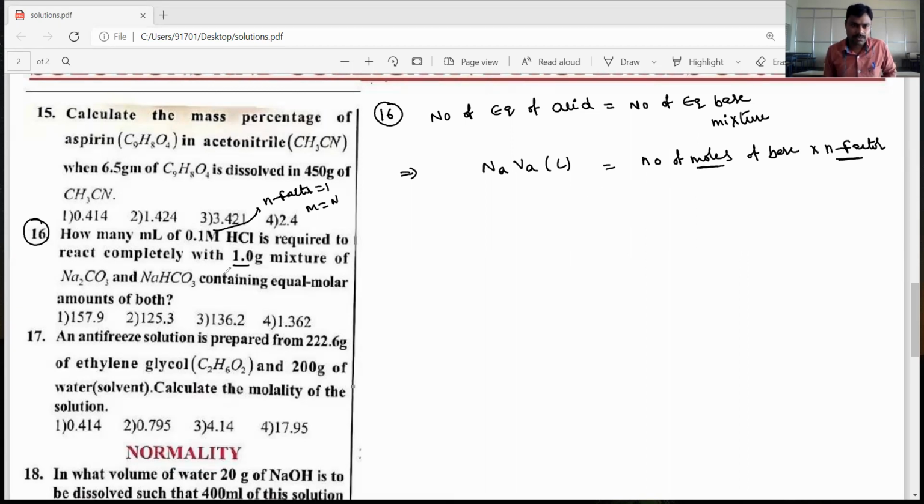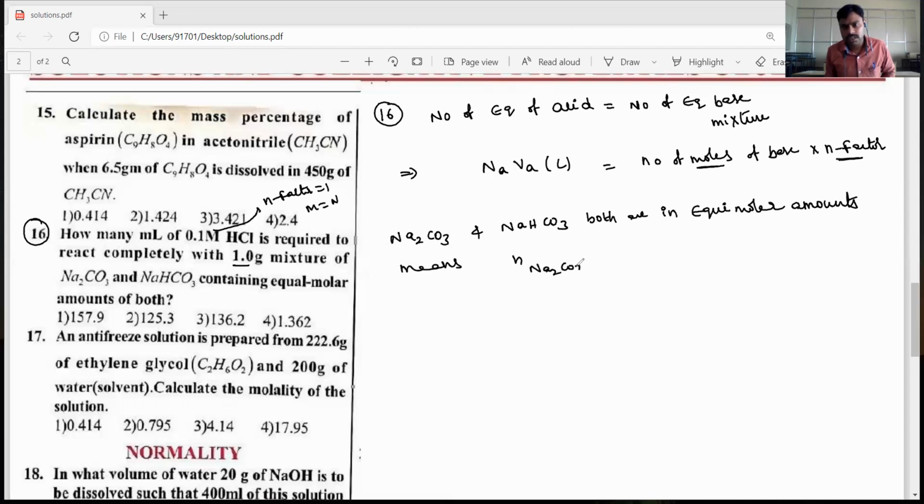Now if you observe, the 1 gram mixture of Na2CO3 and NaHCO3 are both in equimolar amounts. Equimolar amounts means the number of moles of Na2CO3 is equal to the number of moles of NaHCO3. So both moles are equal.